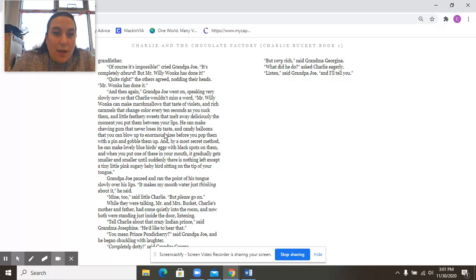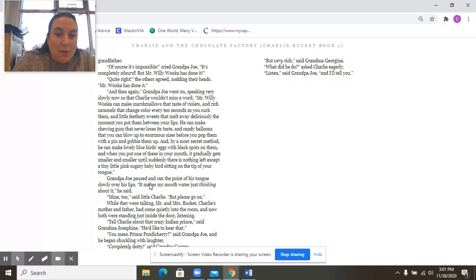He can make chewing gum that never loses its taste and candy balloons that you can blow up to enormous sizes before you pop them with a pin and gobble them up. And by a most secret method, he can make lovely bluebird eggs with black spots on them. When you put one of these in your mouth, it gradually gets smaller and smaller until there's nothing left except a tiny pink sugary baby bird sitting on the tip of your tongue."